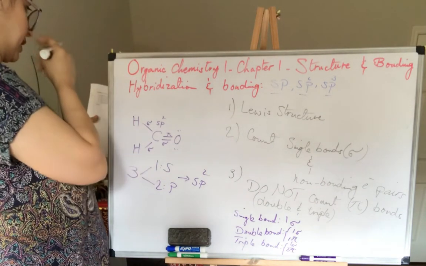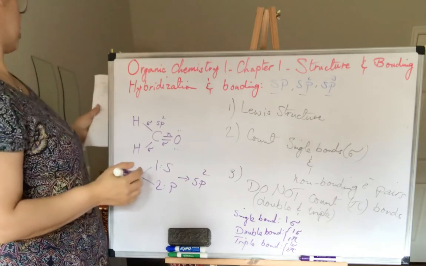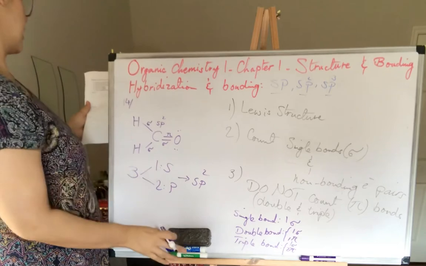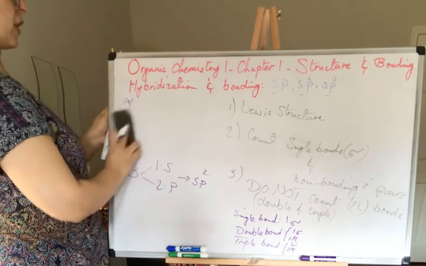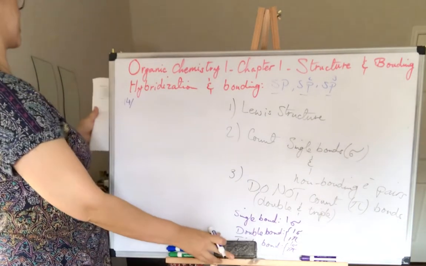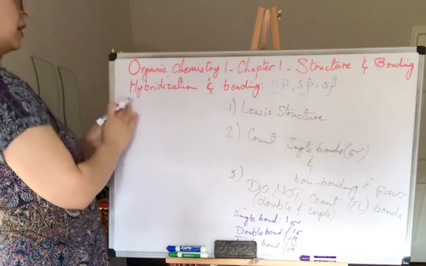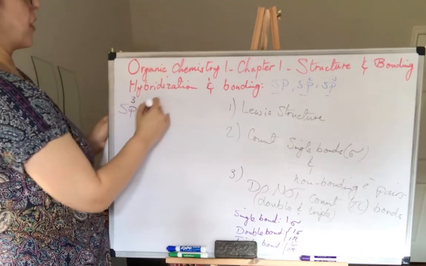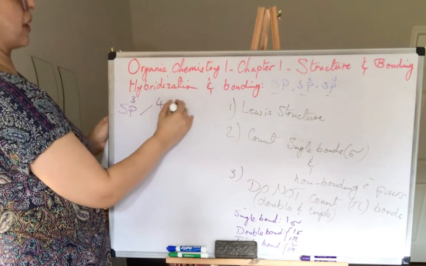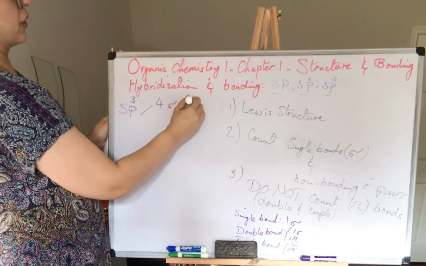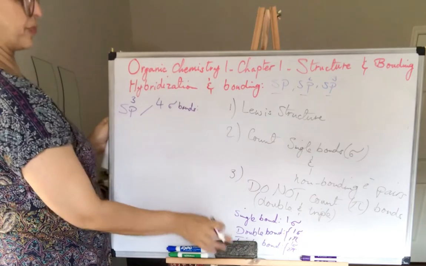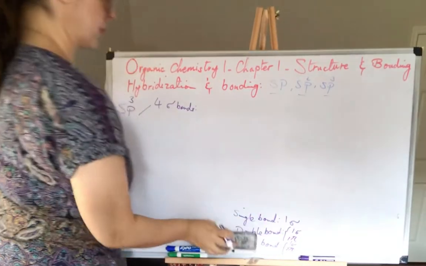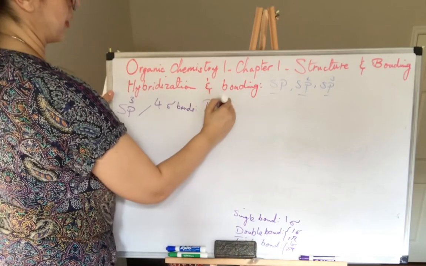Let's determine, I'm working on page 14, by the way, of your study guide. Let's determine the shape. sp3 hybrid. If there are all 4 sigma bonds, shape is tetrahedral.